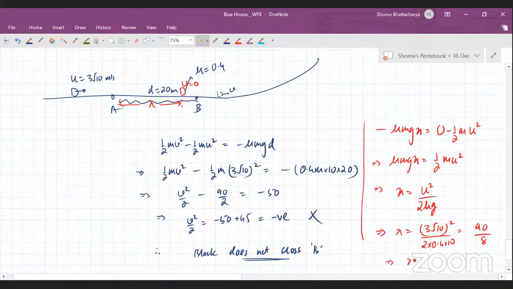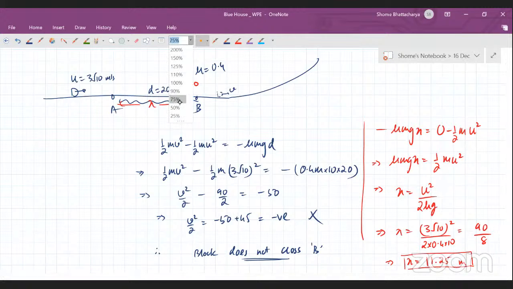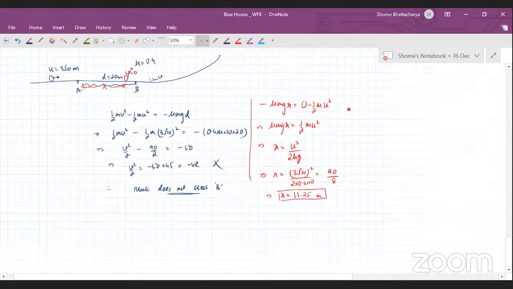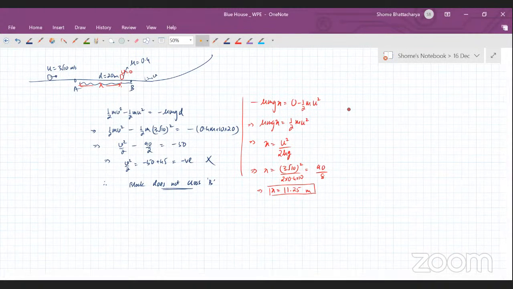So x will become 11.25 meters. So it will stop within the rough part at a distance of 11.25. Yes, Devansh, that's correct.